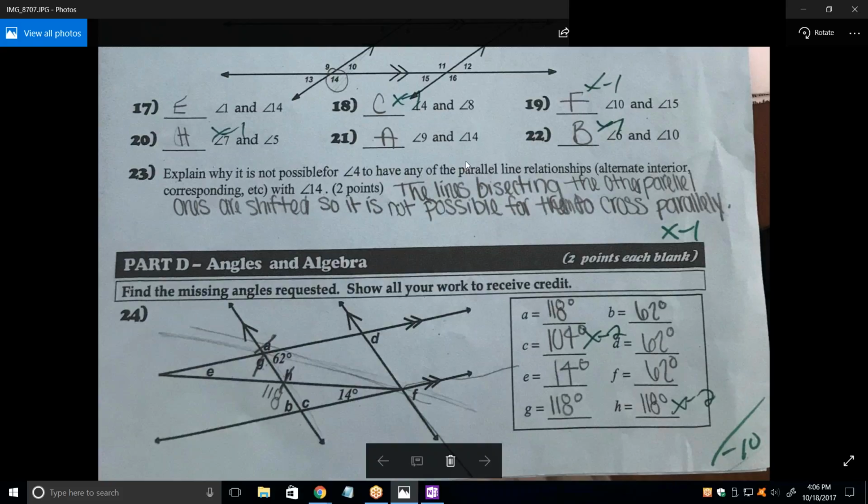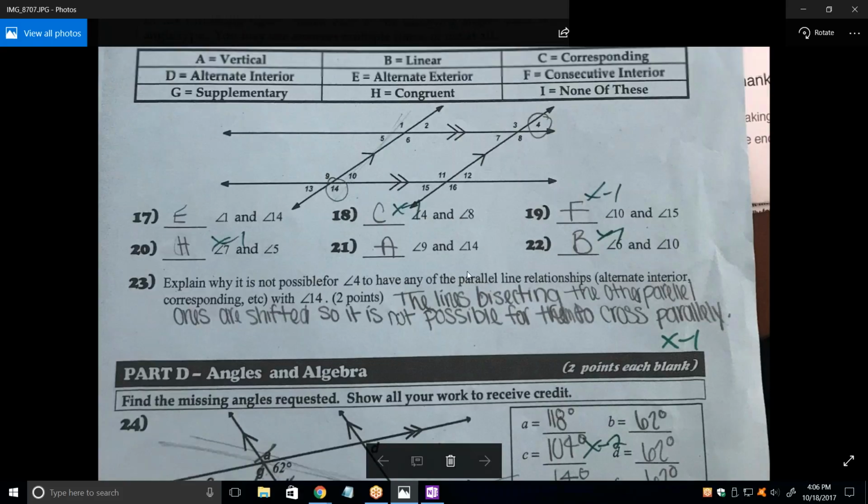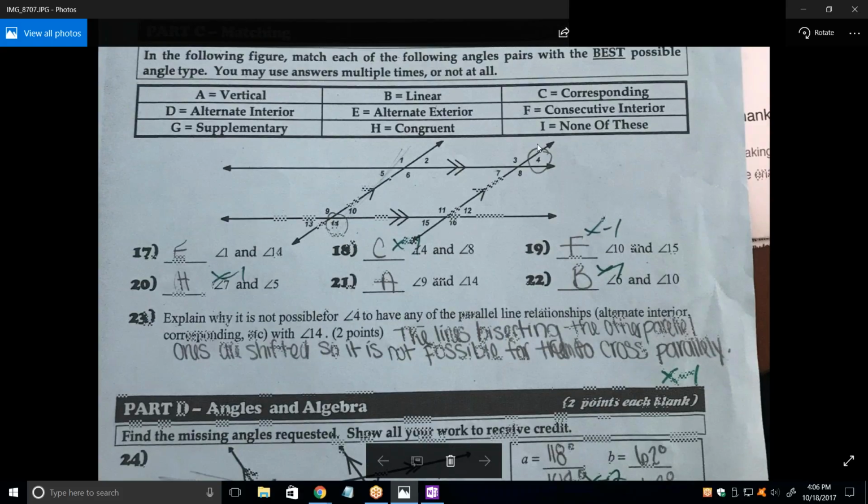So they're talking about angle 4 and angle 14. Well, there's 4. 14, I assume, is this one over here. Why is it not possible to have any parallel line relationships with angle 4?